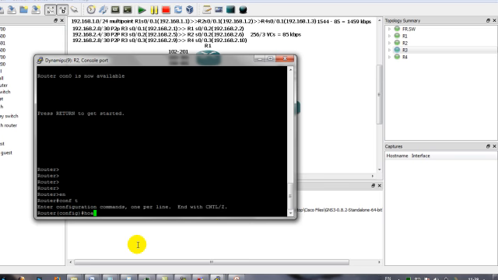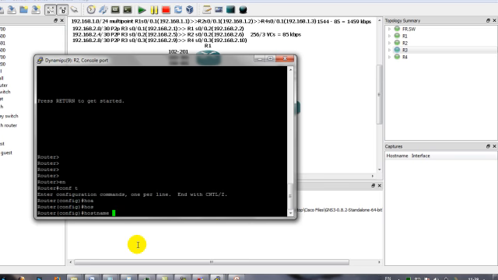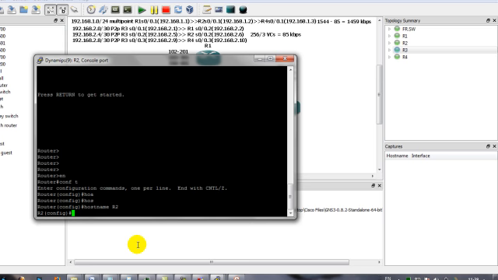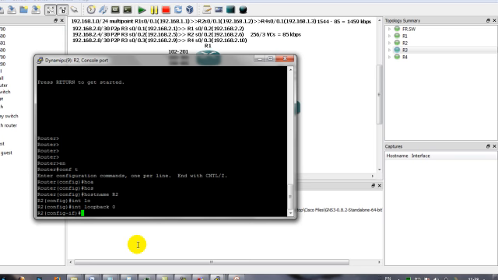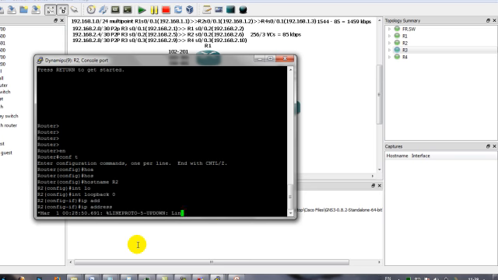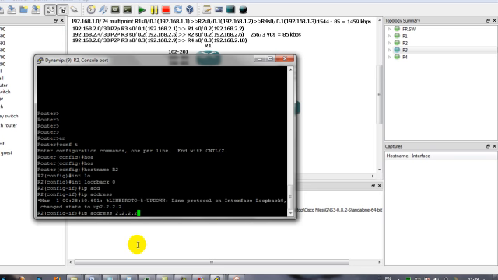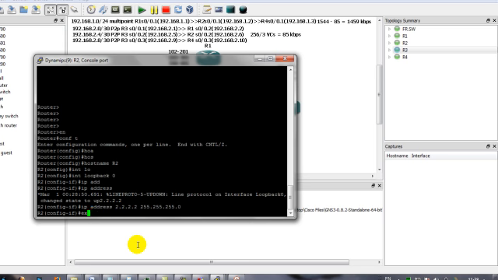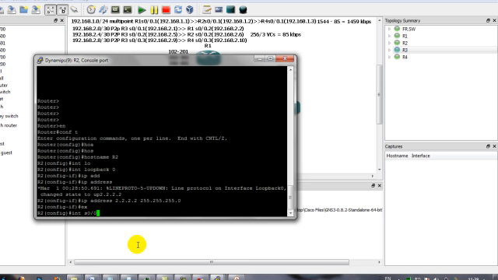Just to change the name, sorry. Router 2. Now I want just to create a loopback, IP address 2.2.2.2 255.255.255.0. Exit. Now go to the serial interface 0/0.